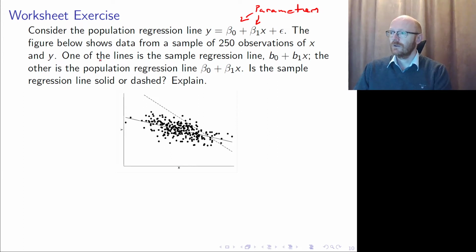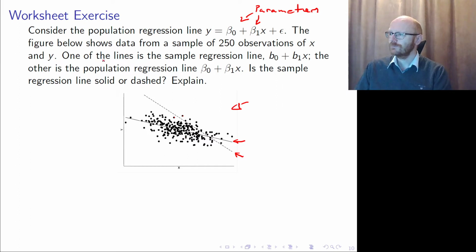The figure below shows data from a sample of 250 observations of x and y. Here in the figure you have observations, these dots. Which of these lines, the solid line or the dashed line, would you feel represents the data in a better way?